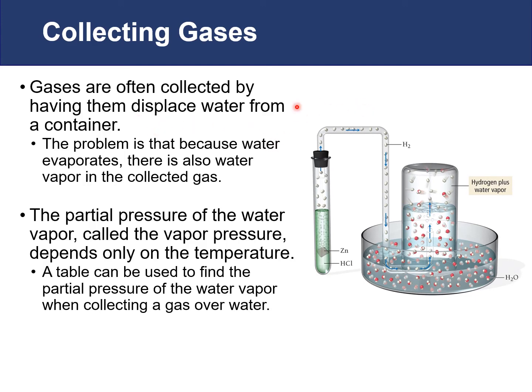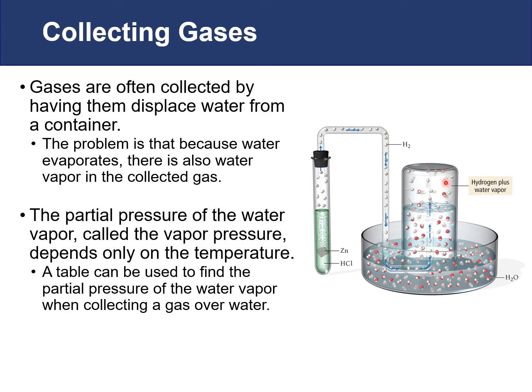That's what we were talking about. The problem with this is that because water itself is going to evaporate, you're going to have some water vapor in the gas phase. In some instances, if water isn't going to be a problem, that's not an issue. In other conditions, there are some substances that are very reactive and will react violently with water.